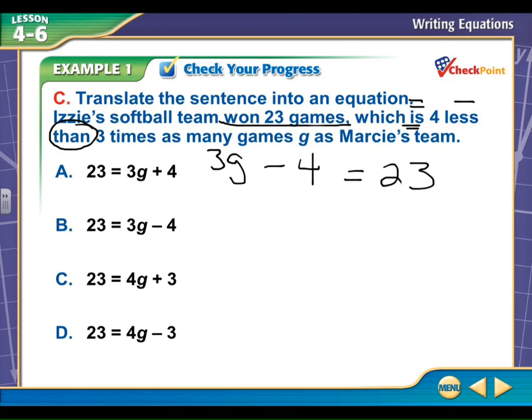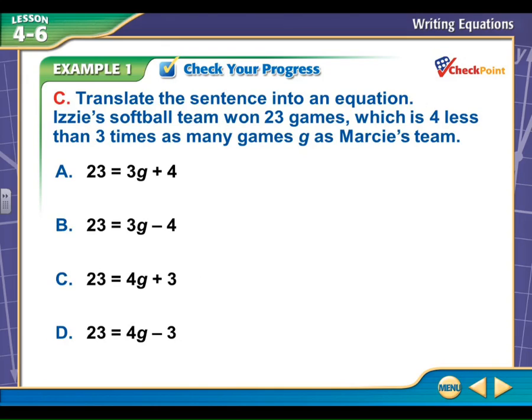So is it A, B, C, or D? That's a positive 3G and a negative 4. A is a positive 3G and a positive 4, so that's not it. I believe it's going to be B, but let's check them all. That's a 4G plus 3. No. And 4G again, so it has to be B.